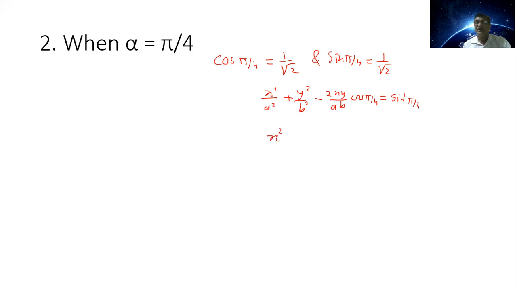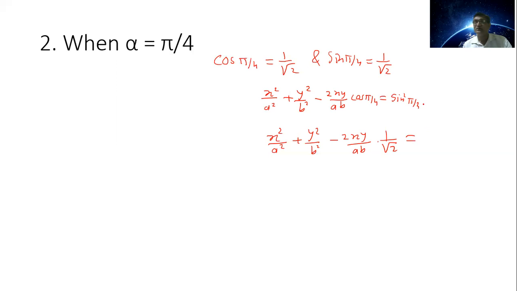That is equal to x square upon a square plus y square upon b square minus 2xy upon ab into 1 upon root 2. We can put the value of cos pi by 4.